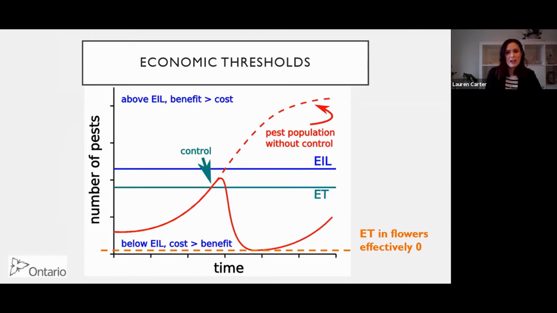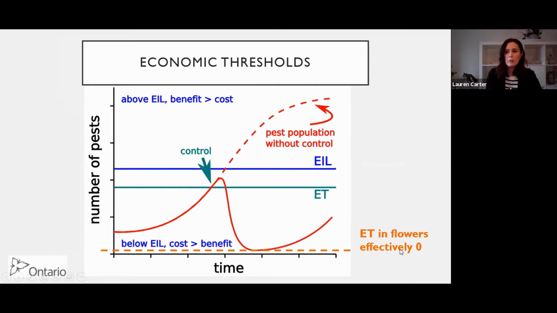I'm not really going to talk about economic thresholds because that gets into lots of theory stuff, but I'm sure any of you who have studied IPM know basically that you want to avoid hitting the economic injury level where your crops are damaged, so you set a threshold below that, and then you try to implement control when it hits that threshold to drive down the population, otherwise it would become too damaging.